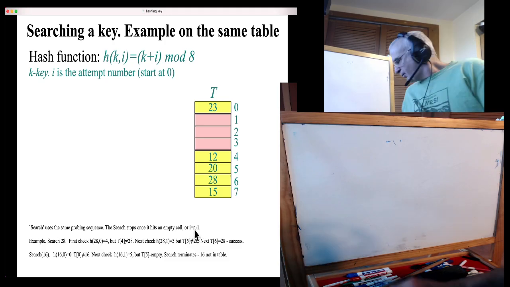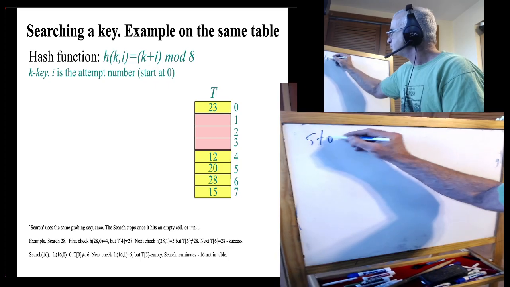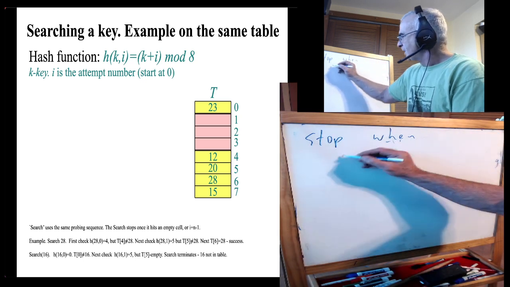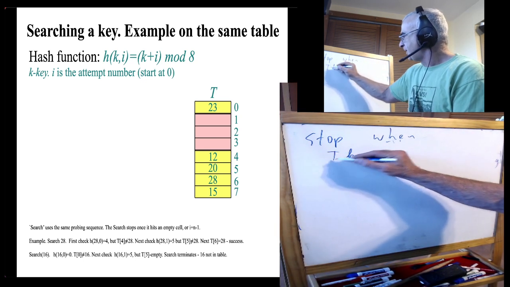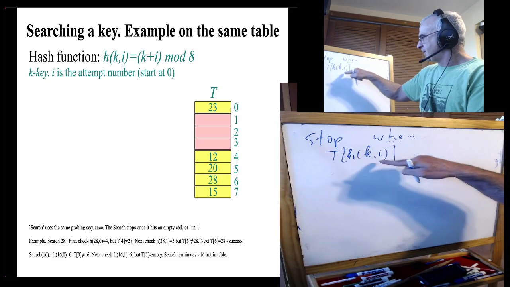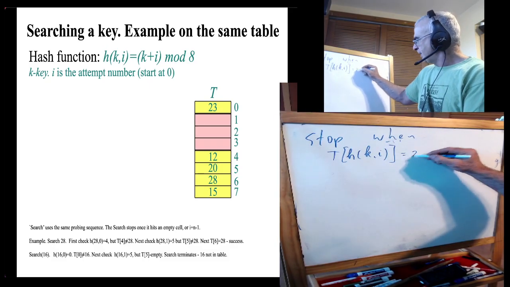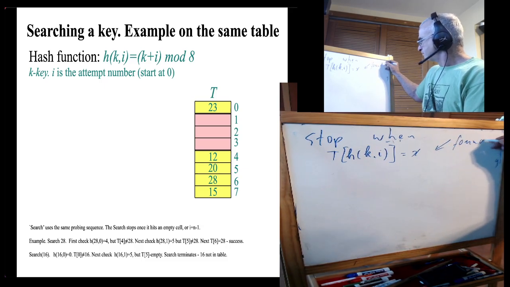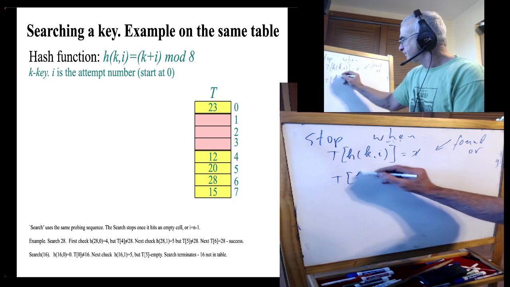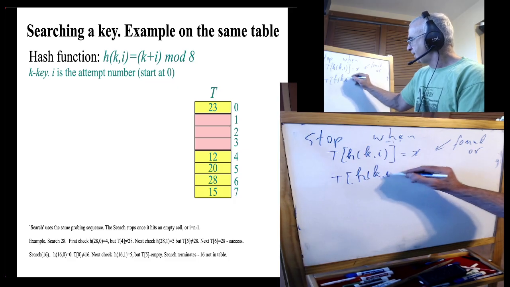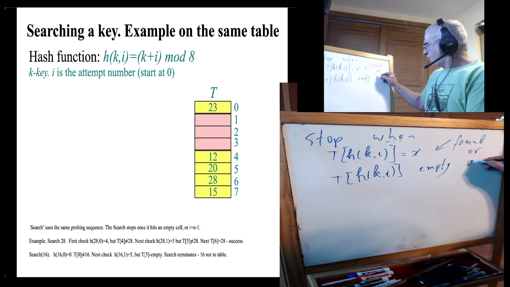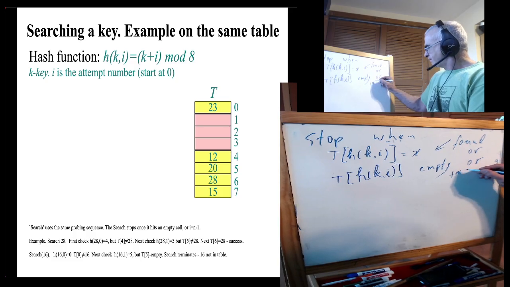I stop the search when T of h of k and i, the table at the cell that I'm looking for, equals x, meaning that we found it, or when T of h of k and i is empty, and then the search fails, of course.